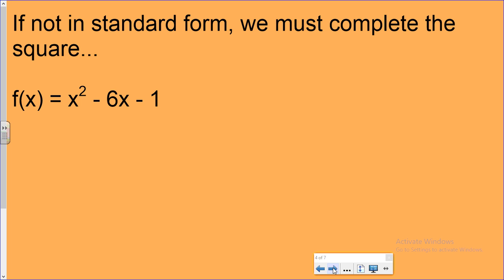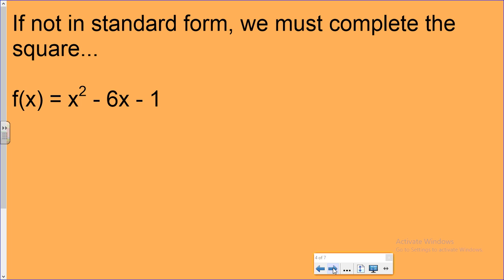So go ahead and write down this equation. If we get a quadratic that is not in standard form, we can perform a task called completing the square. Do those words sound familiar? Do you remember how to do it? Yes? Okay.